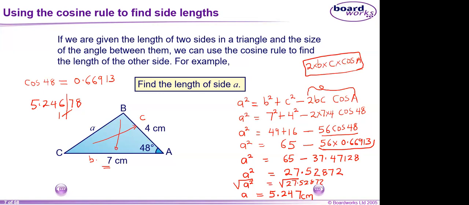Following BODMAS, you first deal with the multiplication. So you first multiply everything, 2 times B times C times cos of A, before you bring in this subtraction sign. Subtraction comes later, but you first start with the multiplication. That's why we first multiply before we consider this subtraction sign.